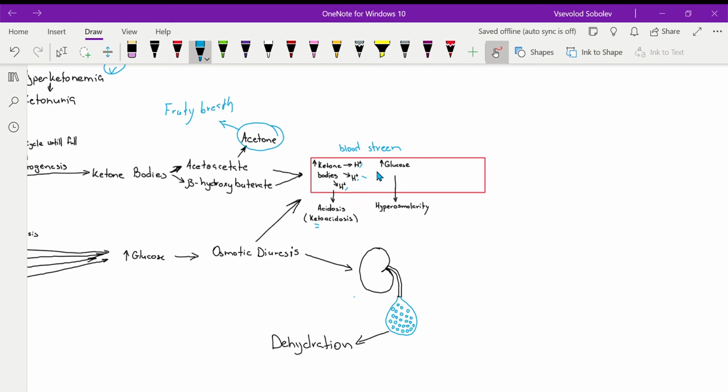Ketones in the bloodstream, increased glucose, increased ketones in the bloodstream lead to hyperosmolarity of the blood, which pulls water from brain and muscle, leading to what signs and symptoms?